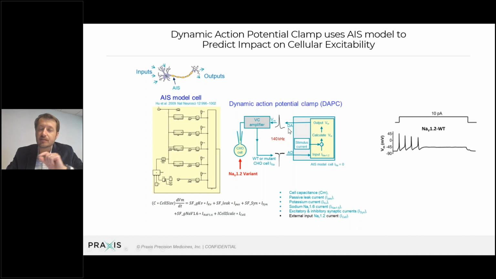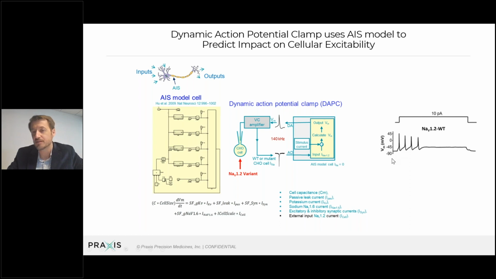You're sending a voltage command to the cell, which changes the sodium current, and then you're taking that response of the sodium current, feeding that back into the model, back to the cell, back to the model, back to the cell, back to the model. So it's really at a very high temporal resolution, high fidelity, integrating this NaV1.2 in this case into this computational model.